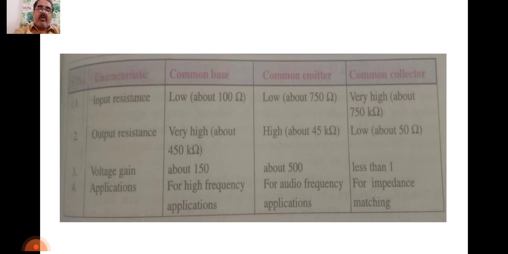Therefore, this circuit arrangement is not used for amplification. However, due to its relatively high input resistance and low output resistance, this circuit is primarily used for impedance matching. What is impedance matching? That is for driving a low impedance load from a high impedance source.